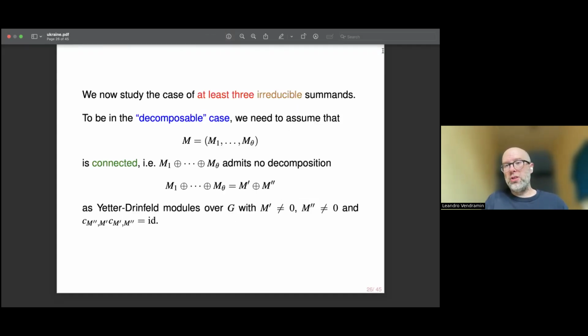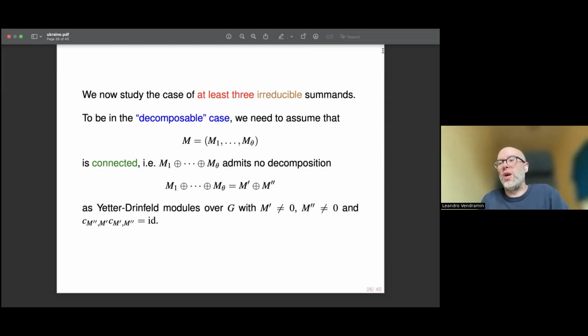If you have more than 2 summands, well, you need again the definition of decomposability. And in this case, it's kind of the same thing. You will say that a tuple M1 to M theta is in the decomposable case when you don't admit a decomposition into 2 non-zero pieces such that the square of the braiding between these 2 pieces is the identity.